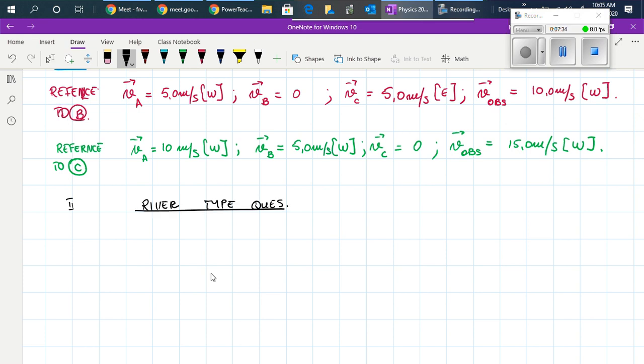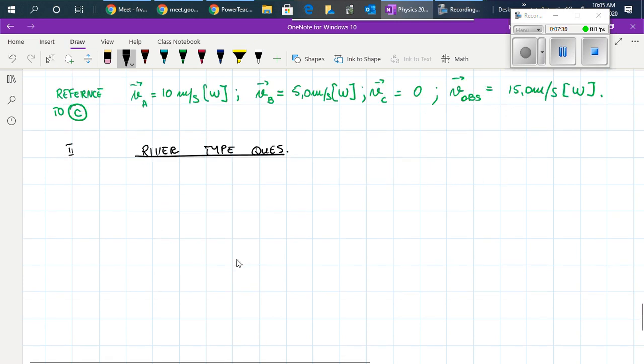Within the river question, we have different types of questions. The very first one is when the swimmer or the boat is moving along with the current.